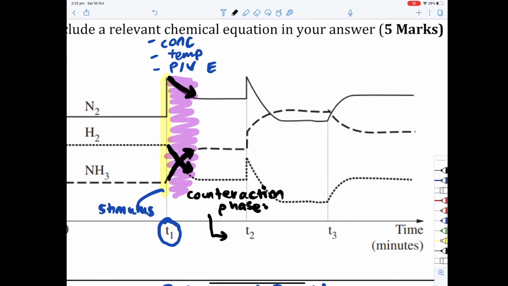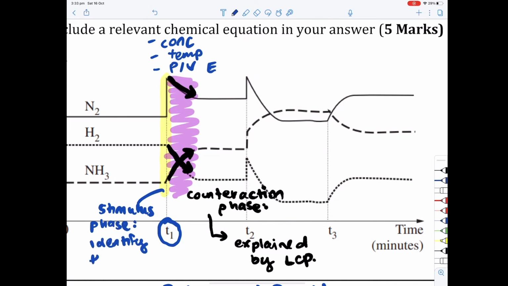You can always explain the counteraction phase by LCP. The stimulus phase has nothing to do with LCP. It has everything to do with the disturbance. So all I want you to remember is a stimulus phase is used to identify the disturbance. That's it. Good. Any questions so far?